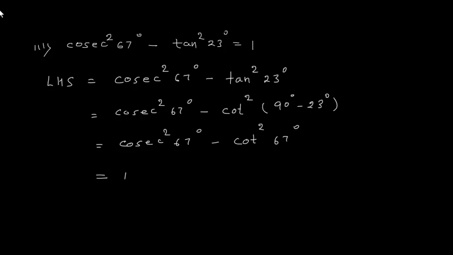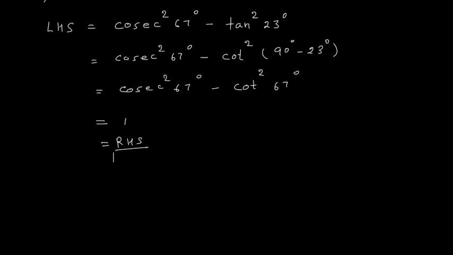So this will become 1, which is the right hand side. So left hand side is cosec square 67 minus tan square 23 and right hand side is 1. LHS is equal to RHS. Therefore you can say that cosec square 67 degree minus tan square 23 degree is equal to 1.